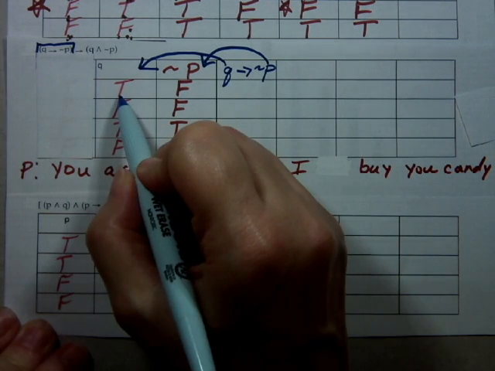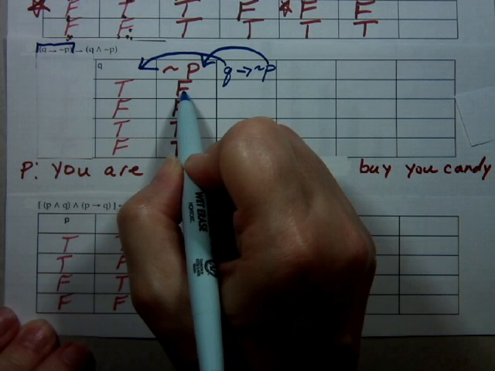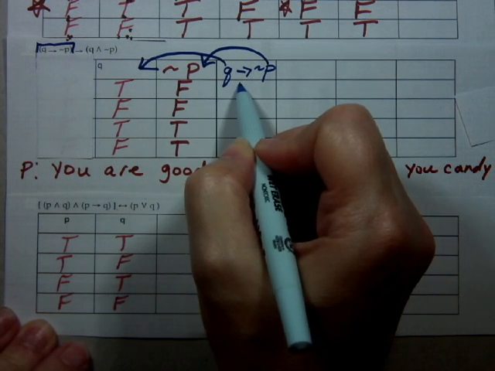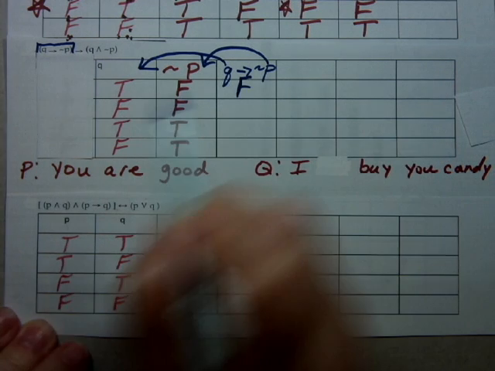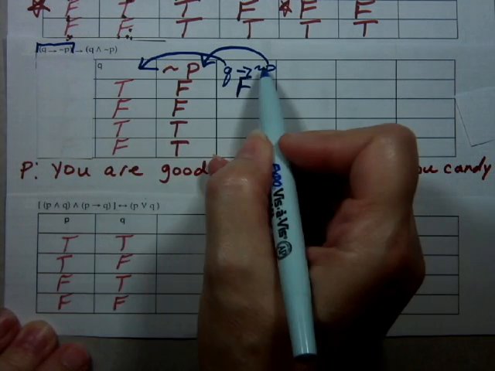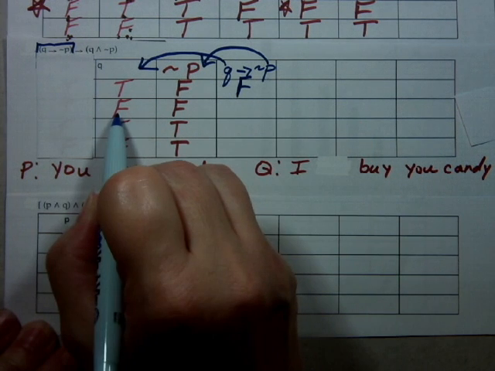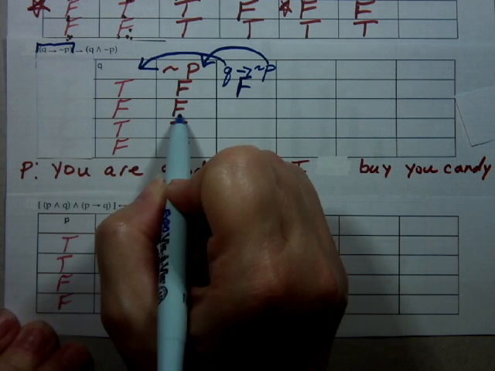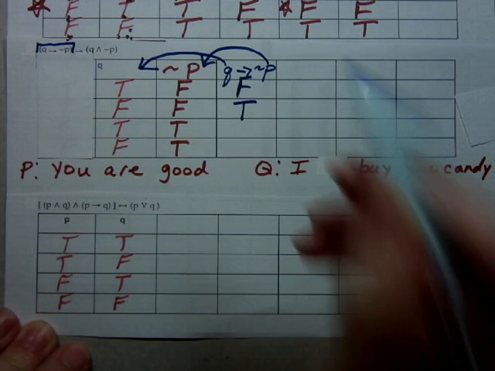If you do this, then I will do that. Yes, you did this, and I did not do that. Well, then I lied. If you did not do this and I did not do that, then I told the truth.